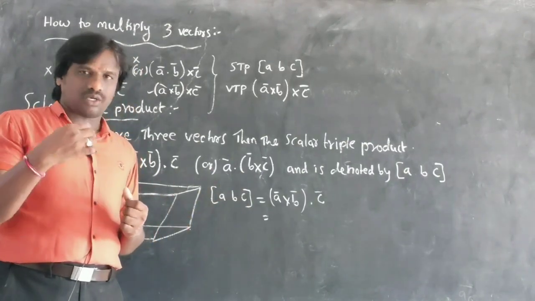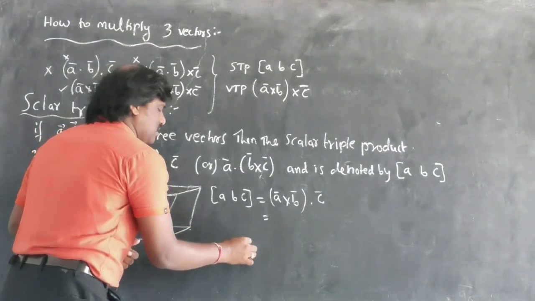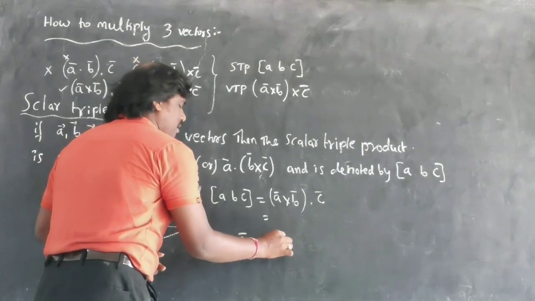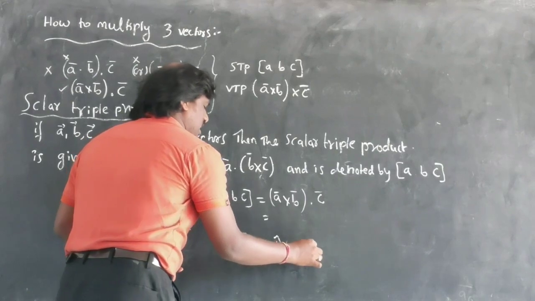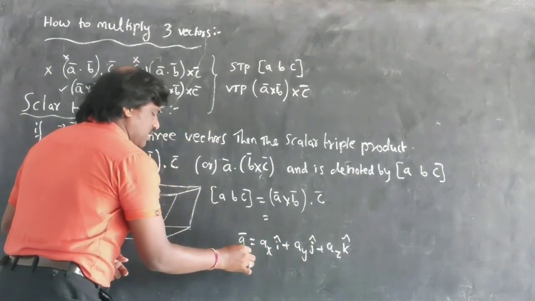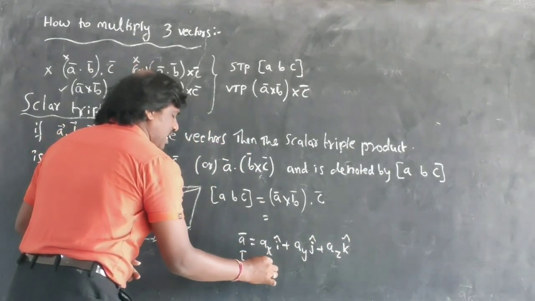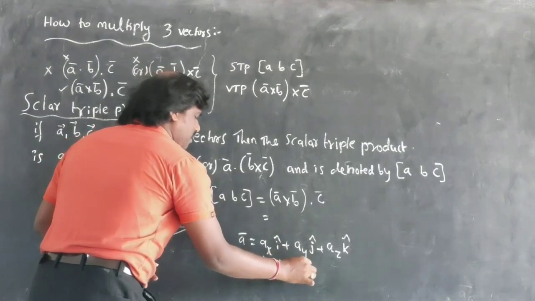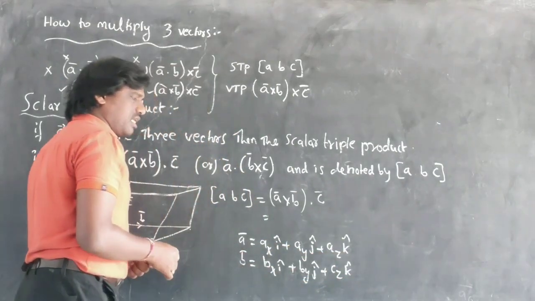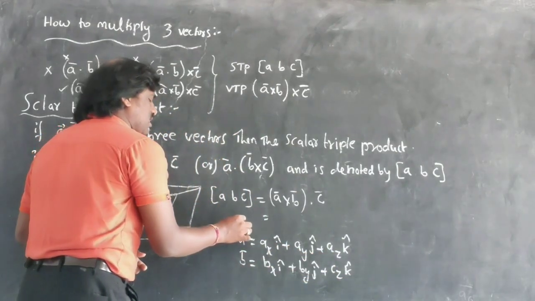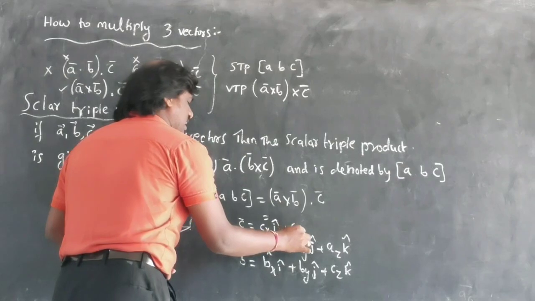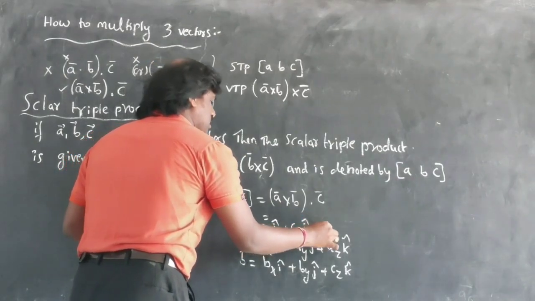According to the Cartesian rule, let us take a vector A as Ax i cap plus Ay j cap plus Az k cap, and B vector as Bx i cap plus By j cap plus Bz k cap, and C vector as Cx i cap plus Cy j cap plus Cz k cap.